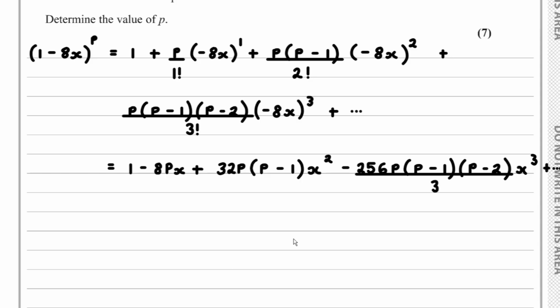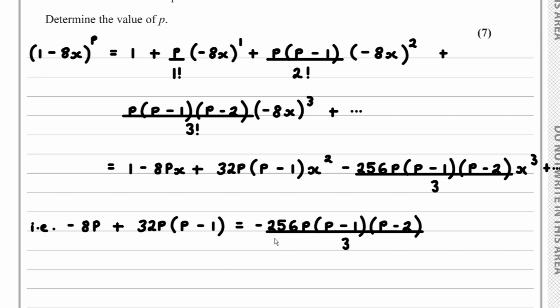We know that the sum of the coefficient of x and the coefficient of x squared is equal to the coefficient of x cubed. So we have −8p + 32p(p − 1) equal to −256p(p − 1)(p − 2) over 3.